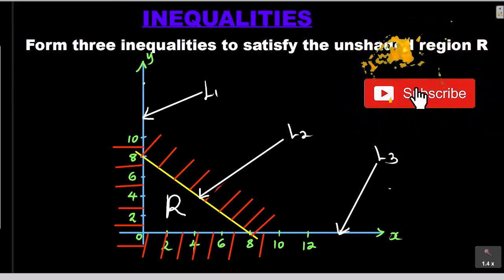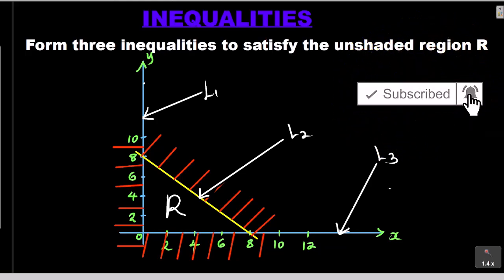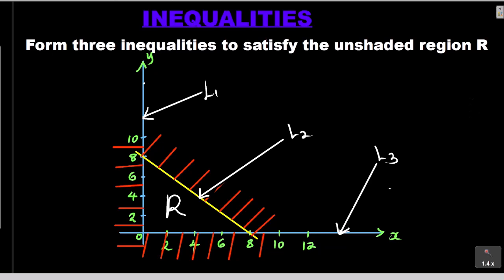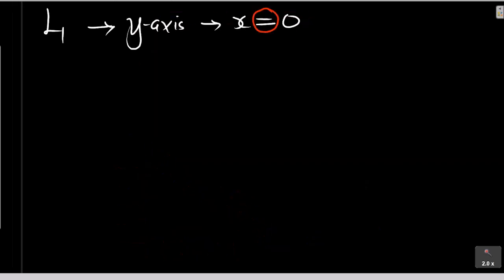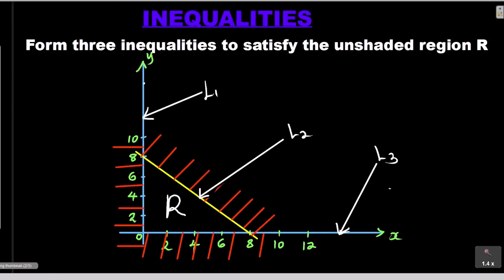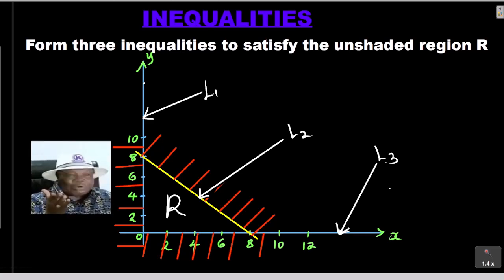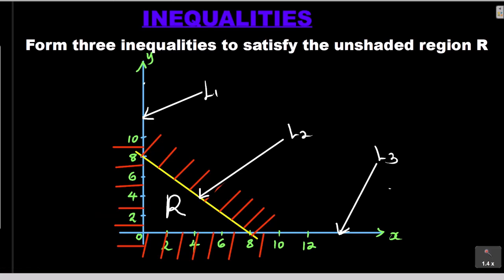So all the values to the right of the y-axis are greater than, and that is why we have the region R. Therefore, the sign that you're going to insert here is x greater than or equal to 0. It is greater than or equal to, and not just greater than, since that line is continuous and all the points that lie on that line also satisfy the inequality.